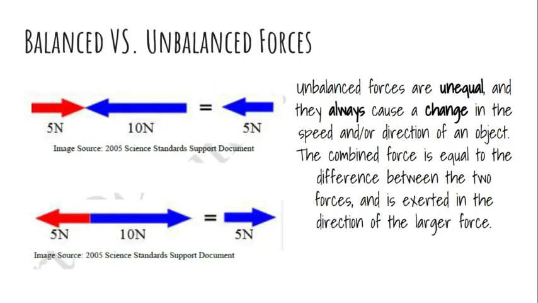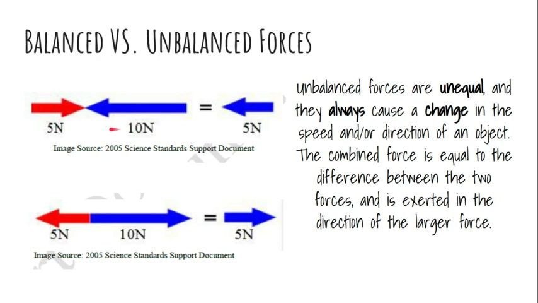All right, now unbalanced forces are unequal, and they will always cause a change in the motion of an object. Okay, if we look over here, we have two arrows. One is going to the right, one is going to the left. So now they are opposite, but they are unequal.